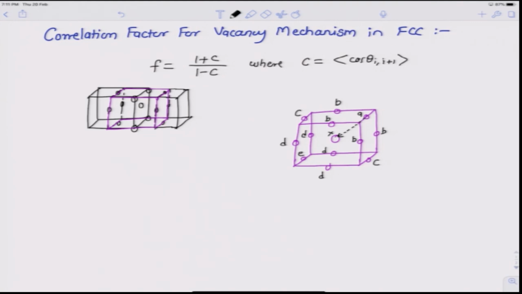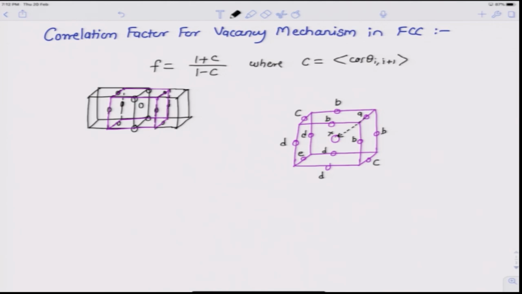So, now let us consider the first jump of our tagged atom. A tagged atom is the atom that we are tracking. Remember, we derived these expressions for mean square displacement for a large number of atoms. So, when we are tracking an atom and its jump, we are calling it a tagged atom.